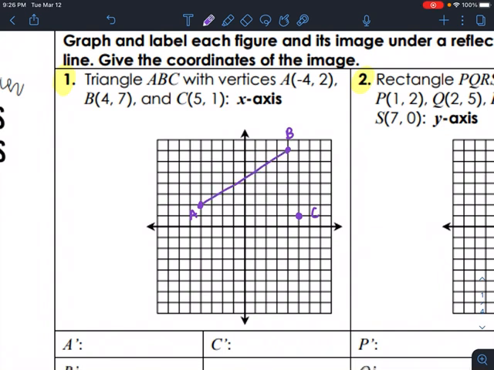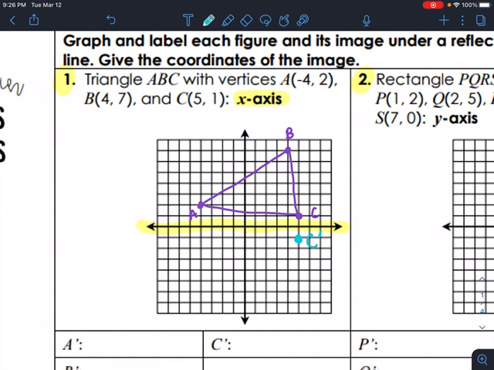Now my line of reflection, as indicated, is the x-axis. I'm going to highlight the x-axis here and reflect. Think about folding this graph along that yellow line. Where would my shape end up? I'm going to start with point C, and I notice that it's 1 unit away from the yellow line, so I'll plot C prime here.